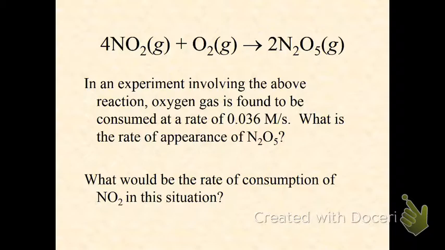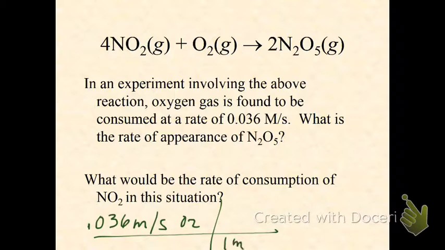Let's do the relationship: 1 mole of O2, 4 moles of NO2. So the rate of disappearance of NO2 would be 4 times. You can use that mole ratio for the stoichiometric relationship in almost anything.